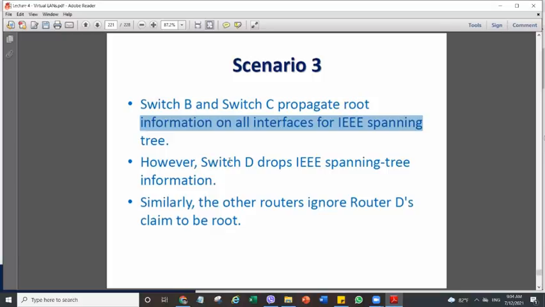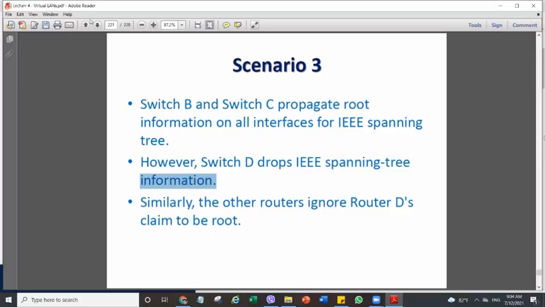However, switch D drops the IEEE spanning tree information. Switch D is not considering IEEE-related things, even though they are received by the switch, because those are also frames, but discarded. Similarly, the other switches ignore the claim that D is the root.